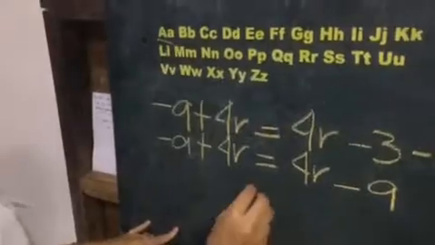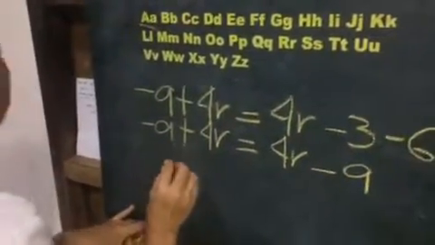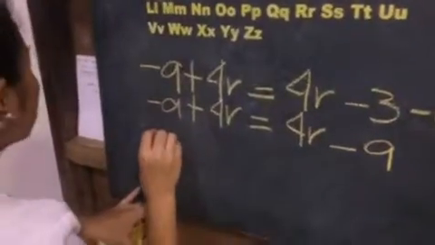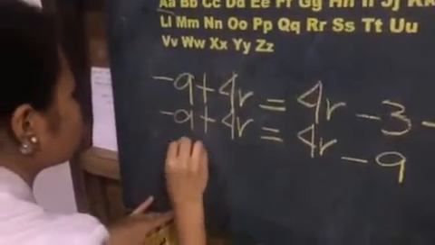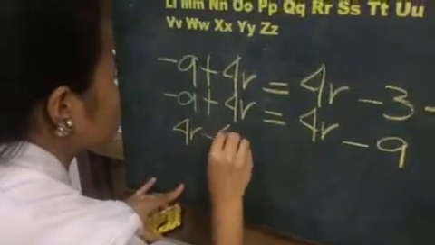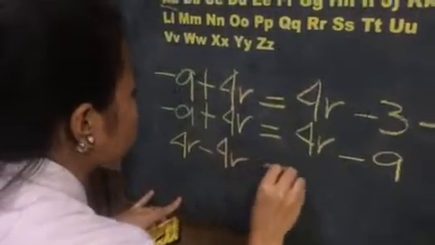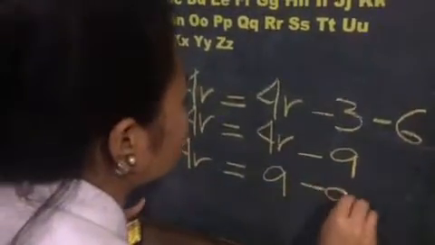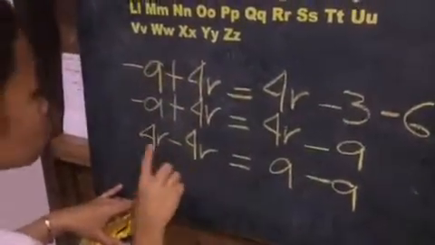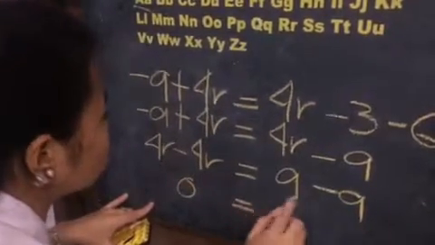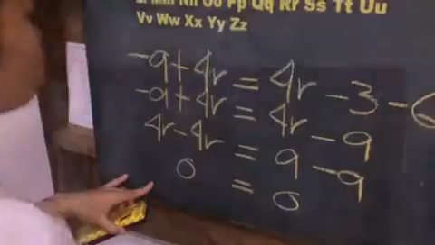So now let's apply the inverse property. We combine those terms that have like or the same term. So 4r minus 4r is equal to 0, and 9 minus 9 is equal to 0.